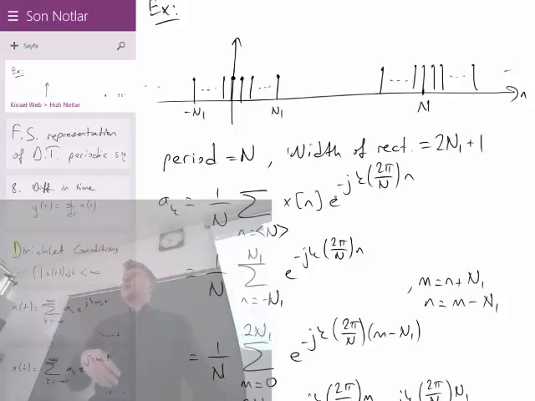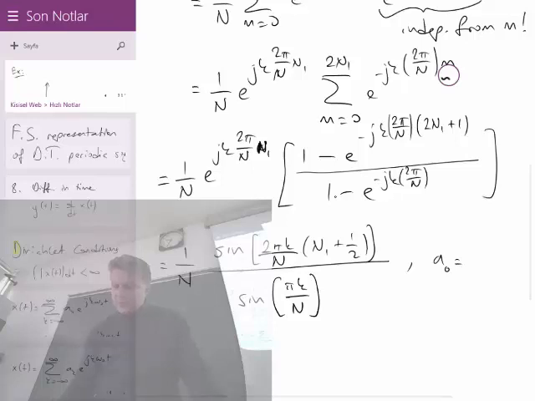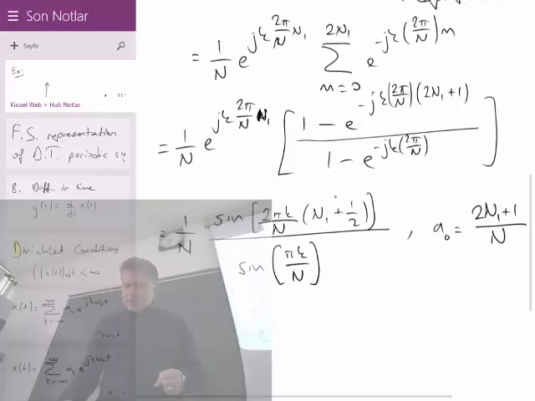You have to divide it by capital N. That would be the DC component. And if you just cancel out the k's, you will also see that it boils down to this. This is the simplest form of putting A0.